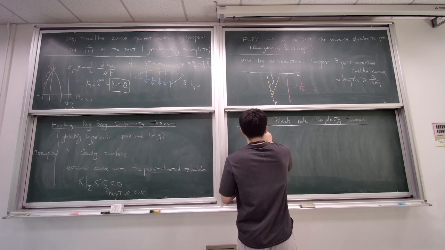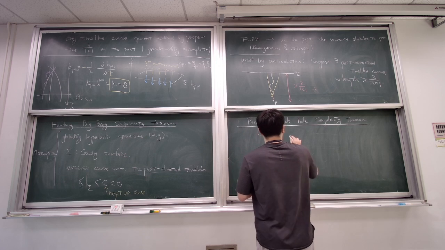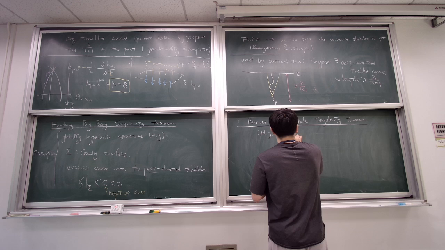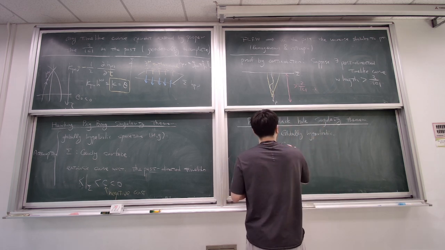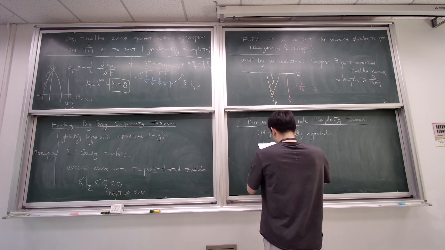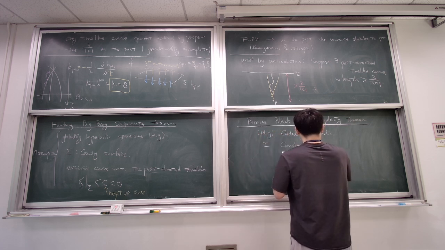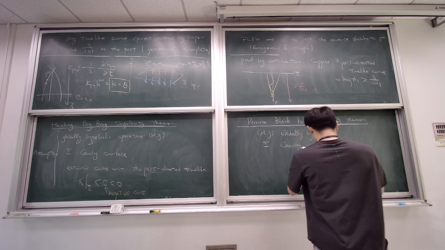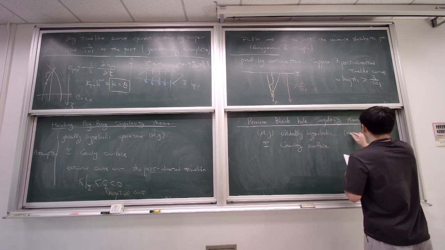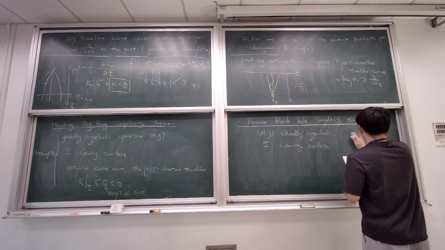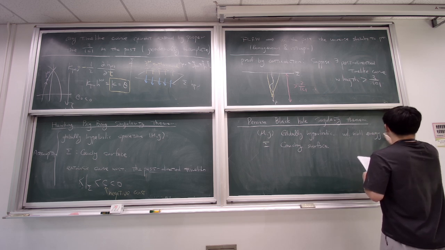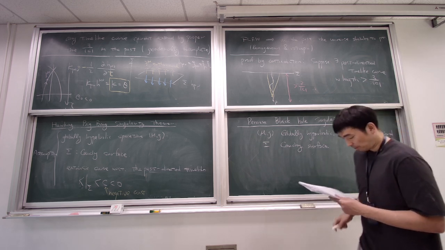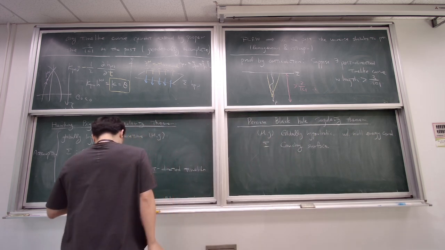Okay. M, g, again globally hyperbolic, and again sigma is a Cauchy surface, and here the null energy condition is assumed.